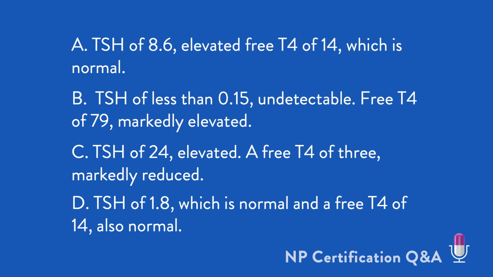C, TSH of 24, which is elevated. Free T4 of 3, super low. This is the classic presentation of hypothyroidism. The thyroid has failed, and even with extra activation from TSH, the poor little dead or dying thyroid can't get enough free T4 out into circulation.